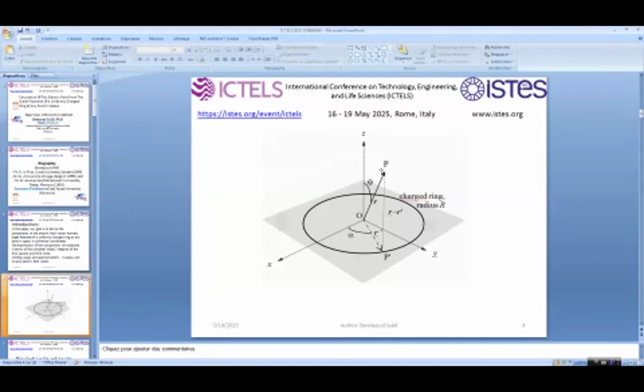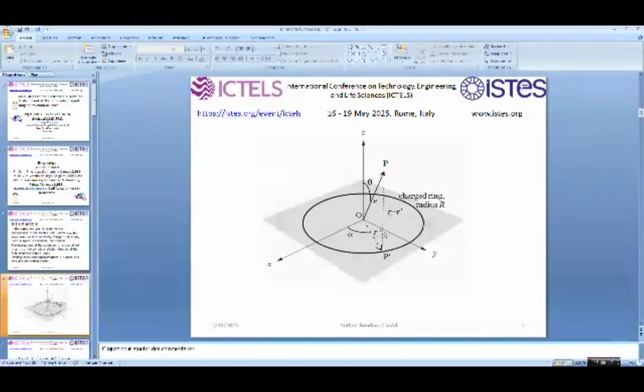Because the value is the same, because the ring is the same. But the expressions in the three systems of coordinates will be different, but the value will be the same. Yes, thank you, Professor.